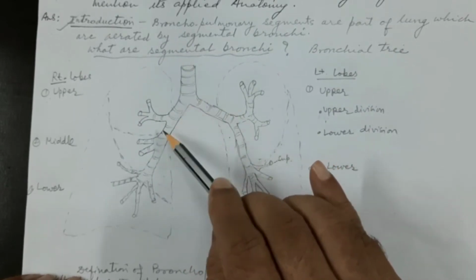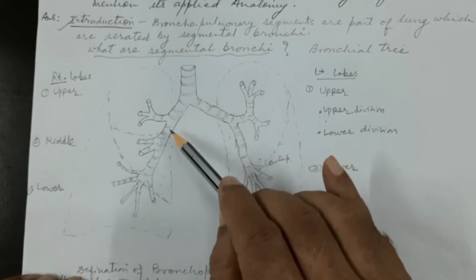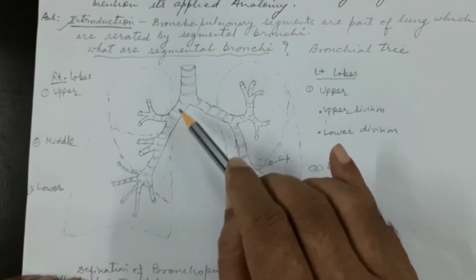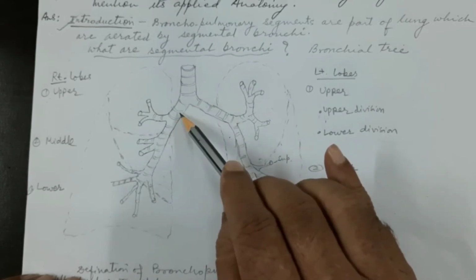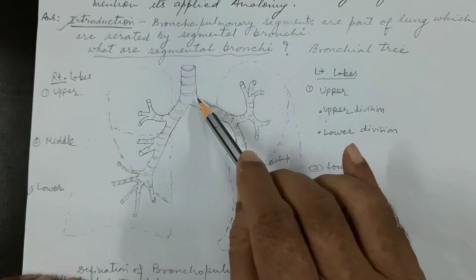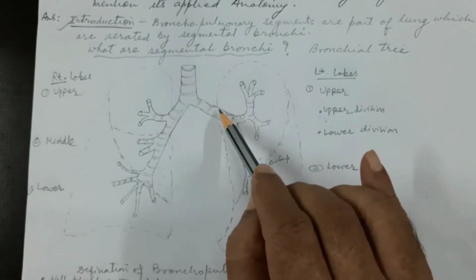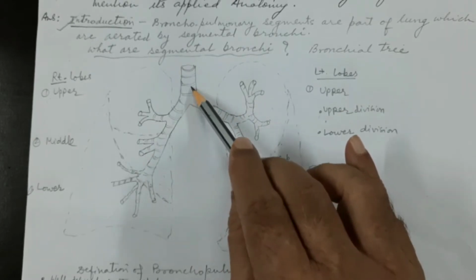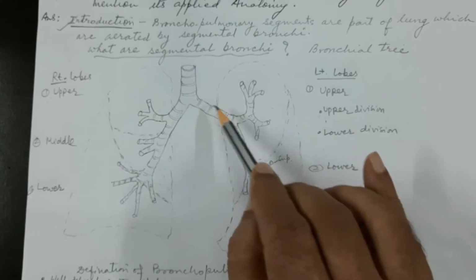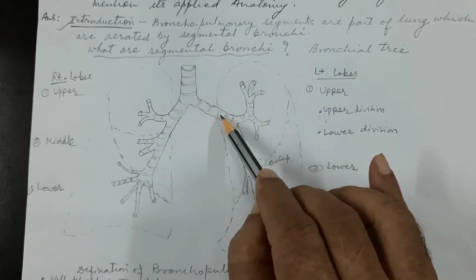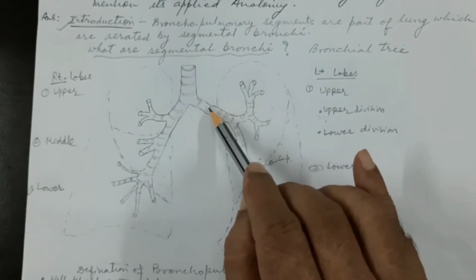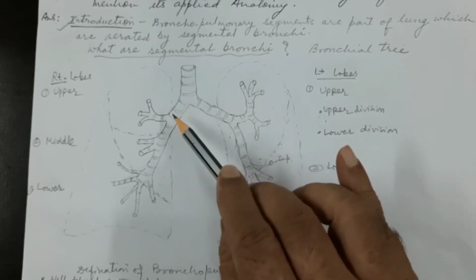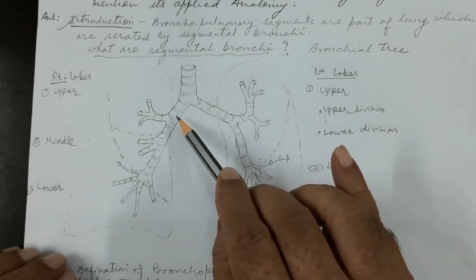The right seems to be a direct continuation in almost the same direction as the trachea, while the left goes towards the left side at an acute angle. The angle between the trachea and the left principal bronchus is around 45 degrees, while on the right it is hardly 25 degrees.